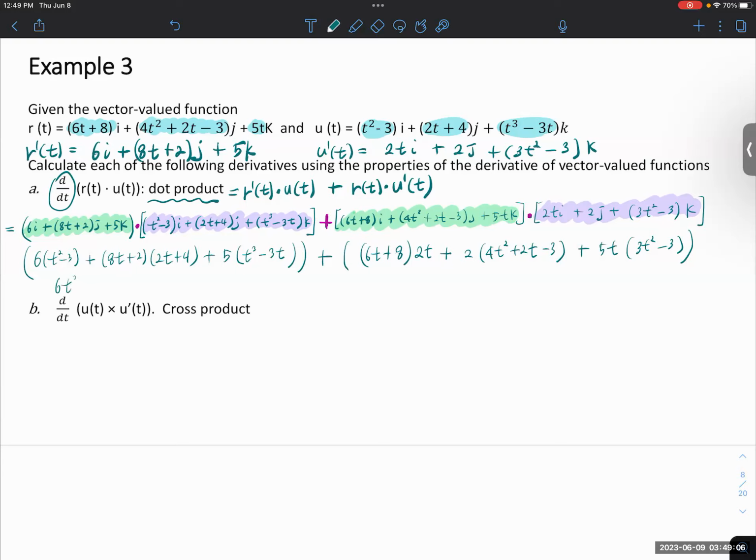So this is a dot product. So 6t second, 18, 16 second. You're going to expand everything. 32, 48, 5 to the 3, 15t plus 12t, 12t squared, 16t, all the distributive property, 4t minus 6, 15t to the third, 15t.